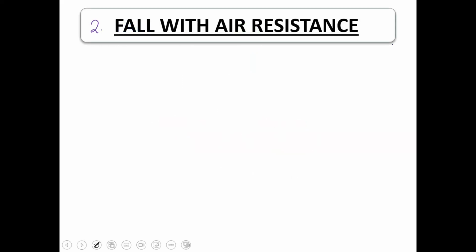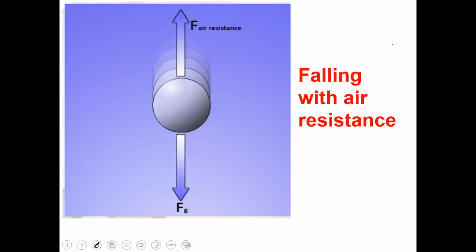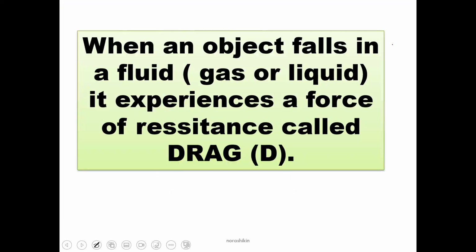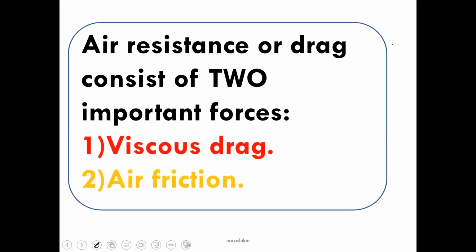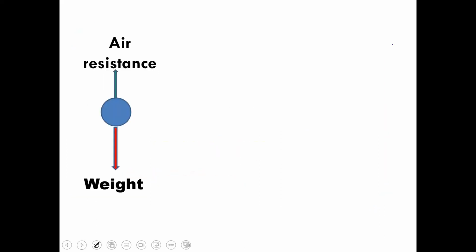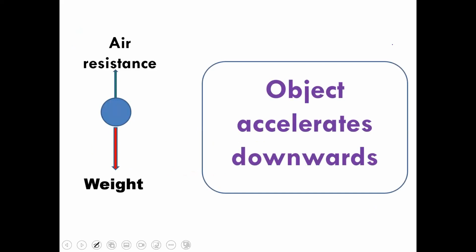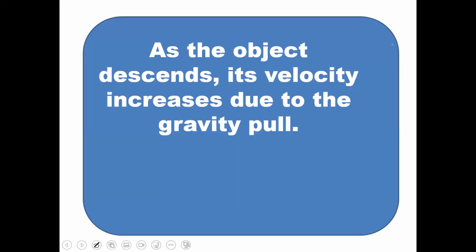Fall with air resistance. Something is falling with air resistance, a very famous situation. This is called a viscous drag situation. When something is falling through air, air resistance opposes the motion, opposing the weight.